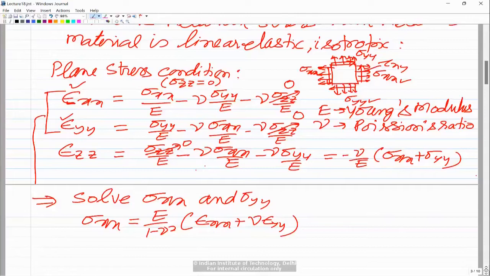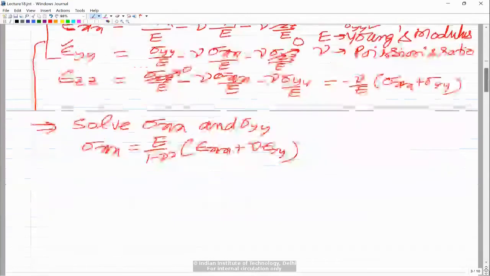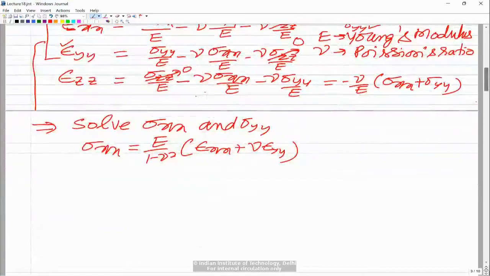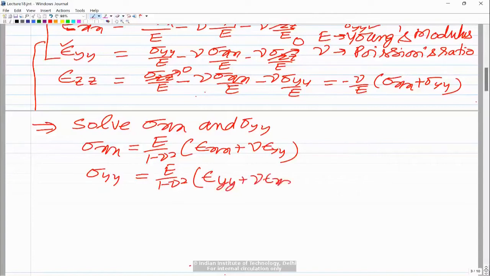So you have to keep this in mind, that for the 2D case, this is what is going to be the stress-strain relation. And similarly, sigma yy would be equal to E upon 1 minus nu square times epsilon yy plus nu times epsilon xx.